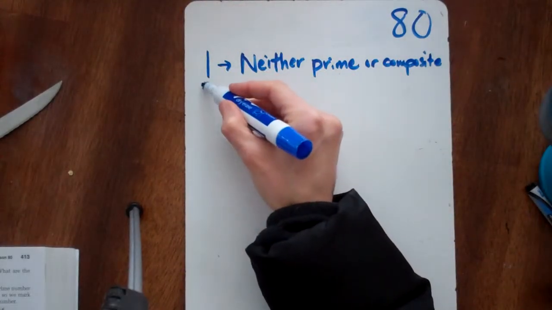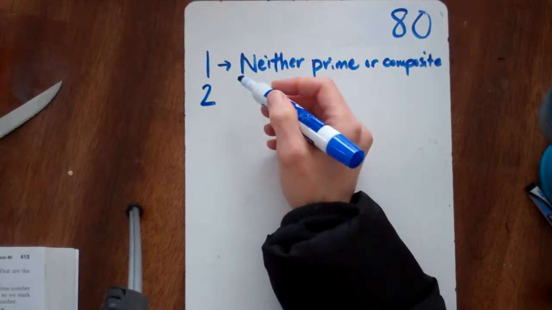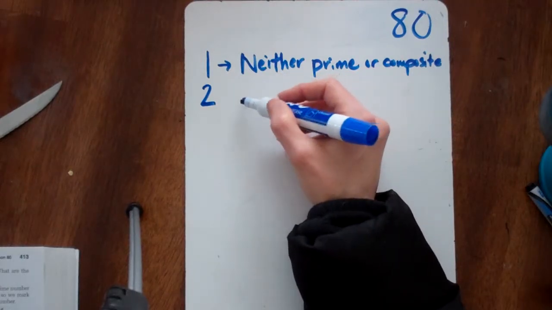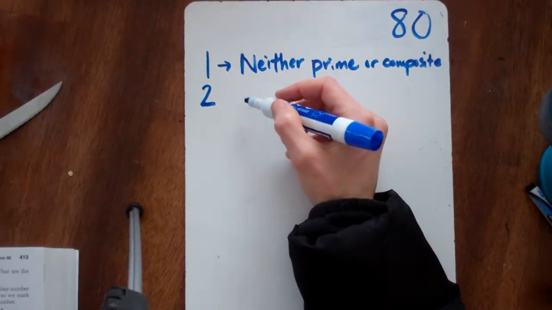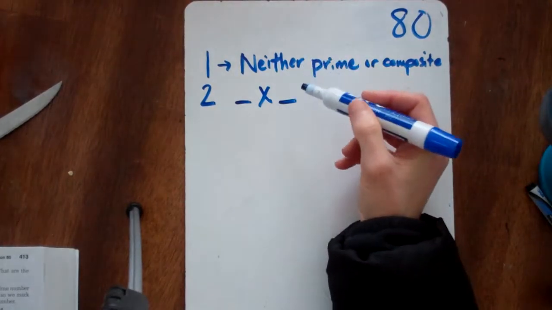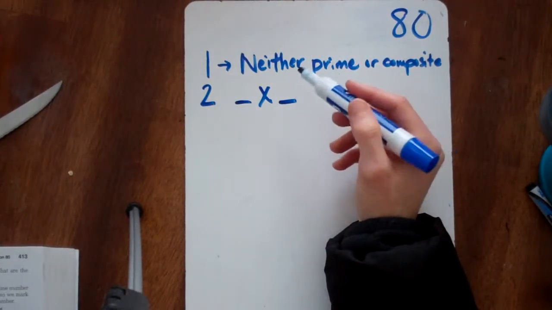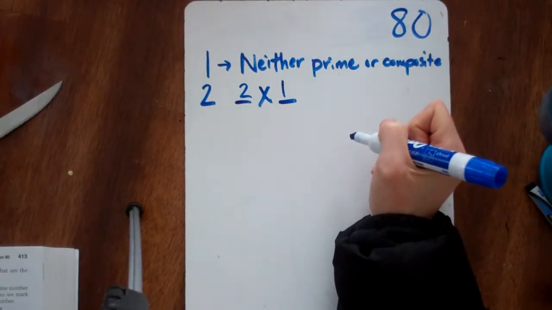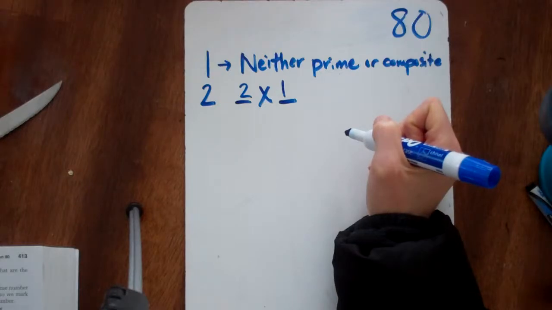So let's jump to number 2. Alright? We're going to ask ourselves, is it prime or composite? Okay, well let's ask, what numbers go into 2? What times what goes into 2? Which factors? Okay? Hopefully you thought of 2 times 1 equals 2, and those are the only two factors that will go into 2. So guess what?